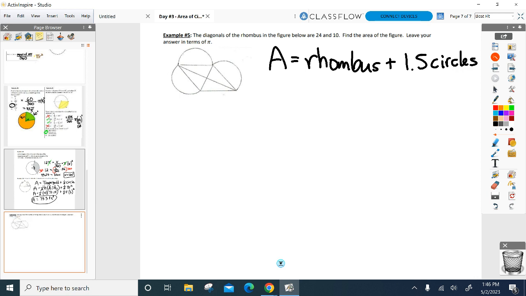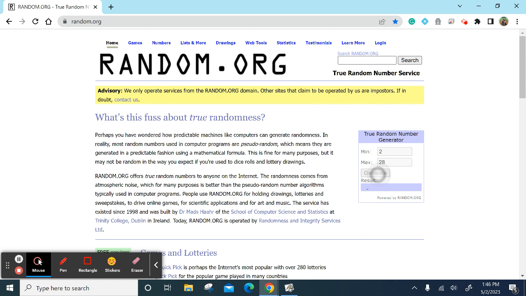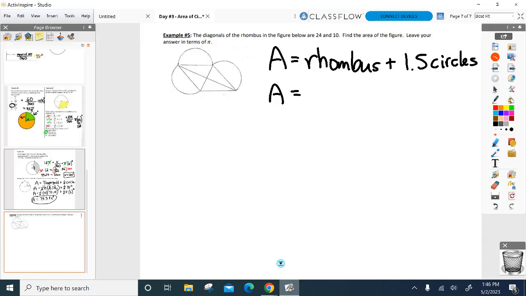Good. All right, we haven't talked about this today yet. Rhombus formula from yesterday: one half times diagonal 1 times diagonal 2. Okay, good.